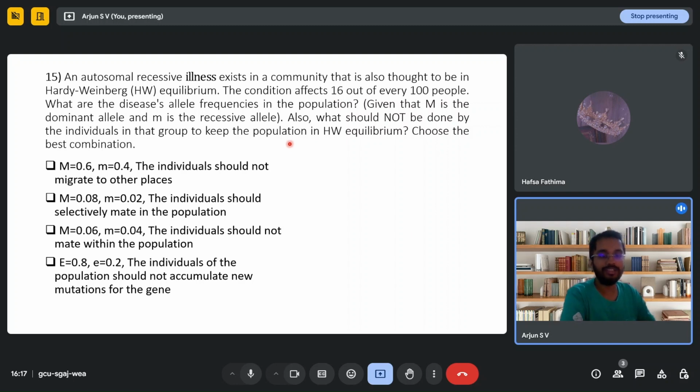So using the calculator, you just have to find the square root, and then use the other part of the Hardy-Weinberg equilibrium principle, which is p plus q is equal to 1, to find the answer.